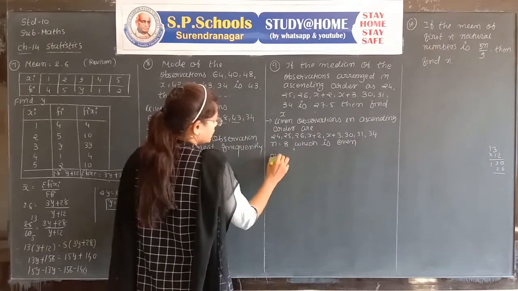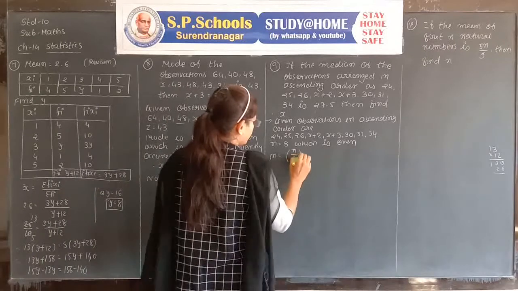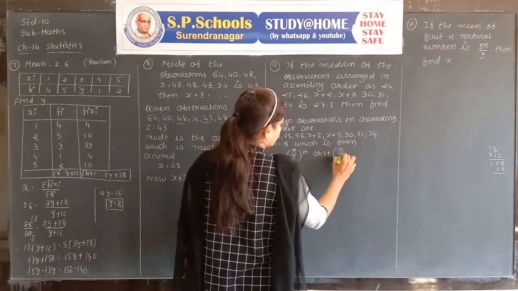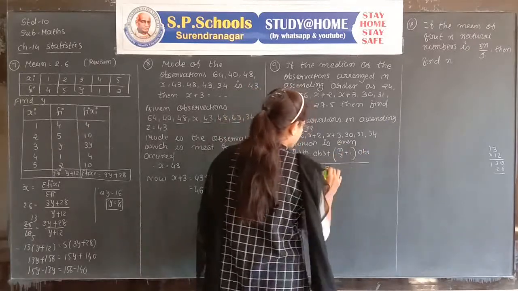That's why the median is equal to the n upon 2 observation plus the n upon 2 plus 1 observation, divided by 2.